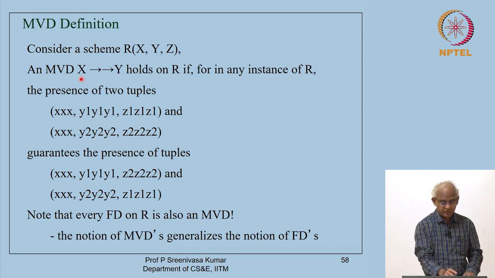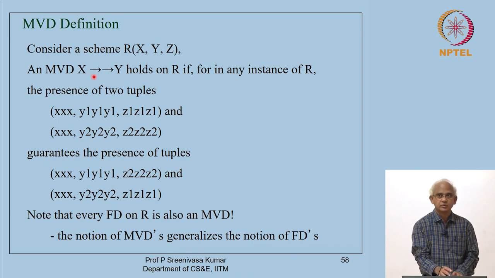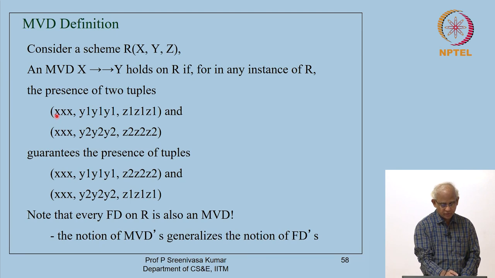Supposing there was just a normal functional dependency X determines Y. If X determines Y holds, then if you have two tuples with the same X, the Y values should have been the same, so it will be y1 and y1, and the swapping of these two will result in the same tuples anyway.